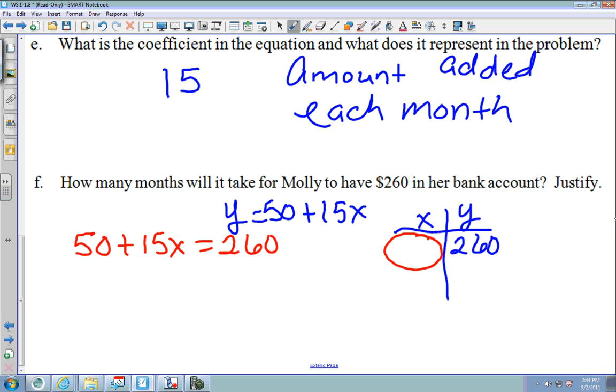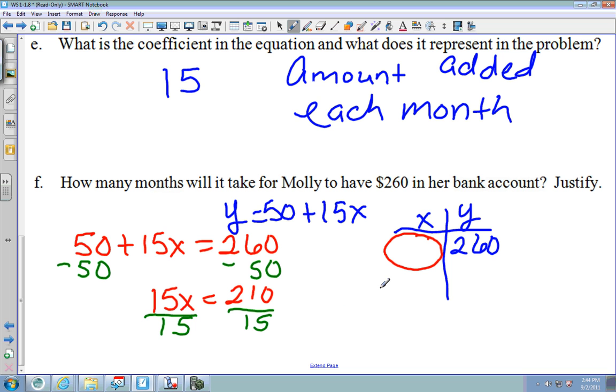I'm going to solve for x right here. I'm going to subtract 50 from each side. I get 15x equals 210. I'm going to divide by 15. And then I come up with my answer.